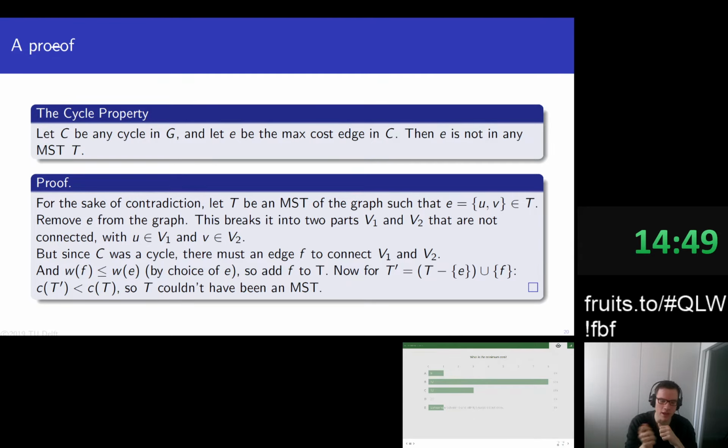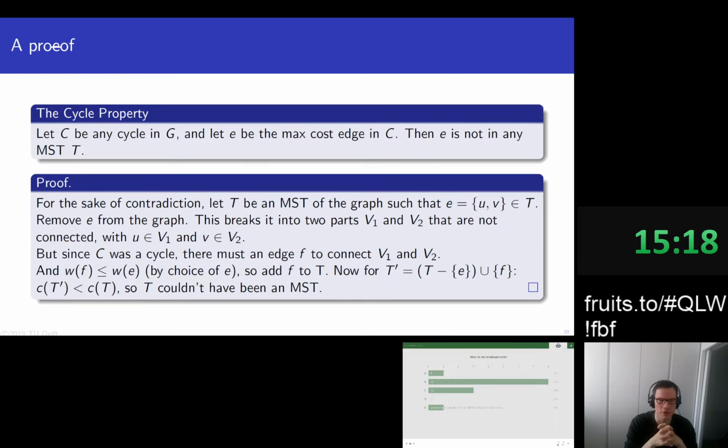So if I add F to my set T, then I now have a set of edges that costs less, and therefore I have created an MST that is better, and this is a contradiction, because an MST has the property that there can be no spanning tree with a smaller weight.